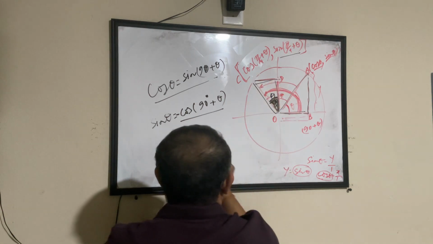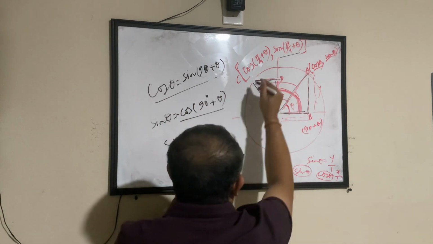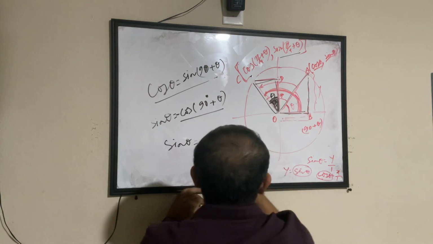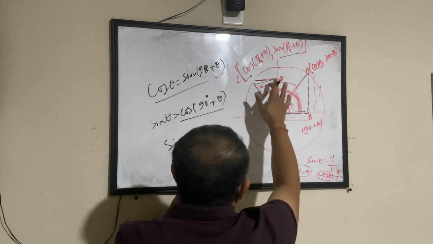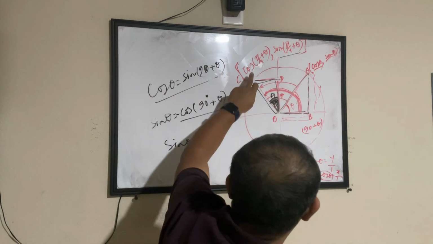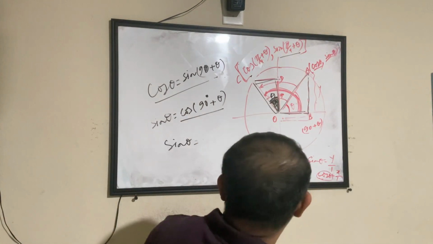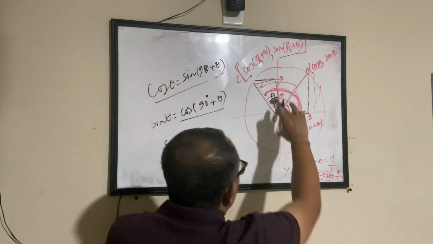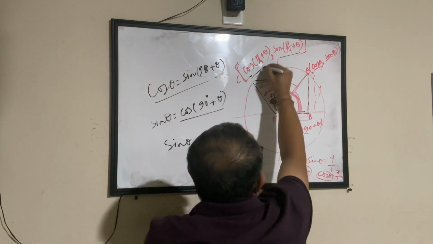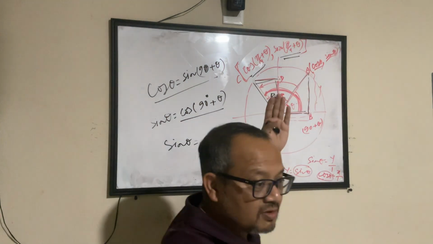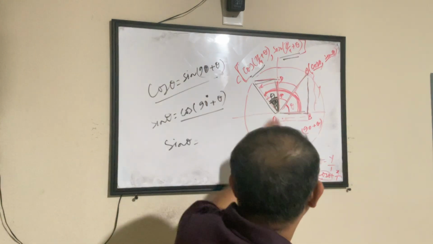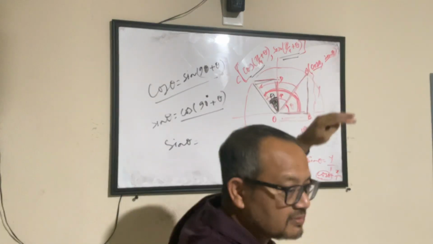I will not even worry about the negatives. I just know the x and y coordinate values. Whether it turns out to be positive or negative, we'll not care about it. We will let that come as a part of the calculation.